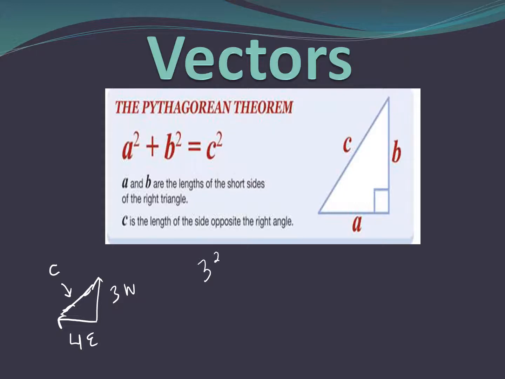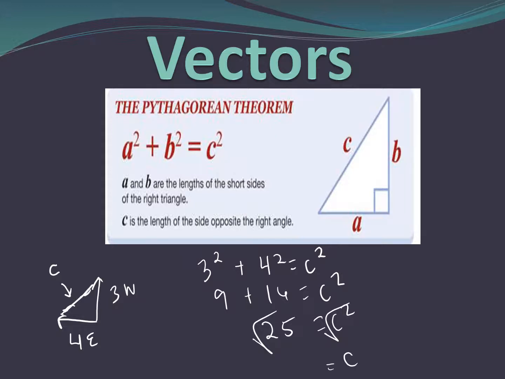So we have 3 squared plus 4 squared equals C squared. 3 squared is 9 plus 4 squared is 16 equals C squared. This is 25 equals C squared. So then we square root both sides to get C by itself. C is equal to 5, but that's not our final answer. We're trying to look for displacement. So we say 5 meters towards northeast.